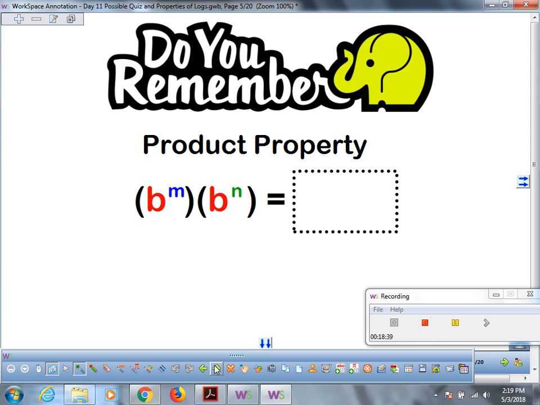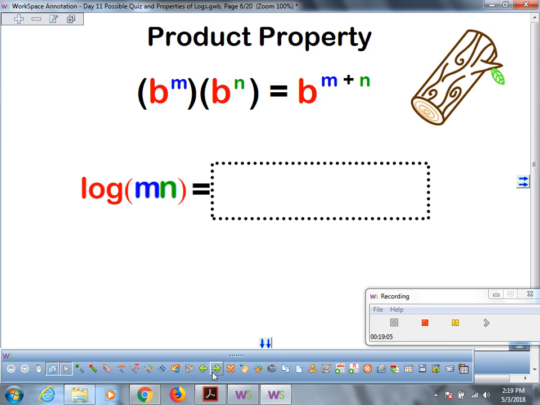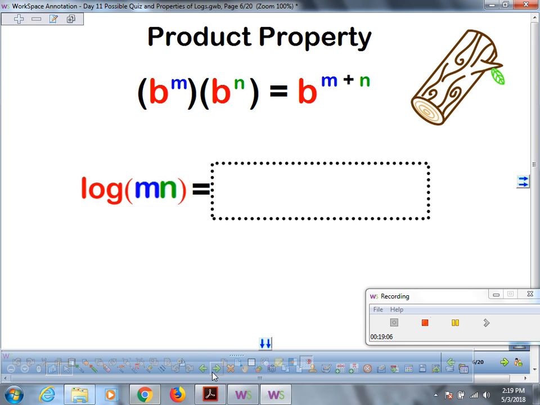Here's a new one. Does anybody remember what the product property does? The power property is the multiply. The product property is adding. Okay, so what do you think that's going to do with logs?